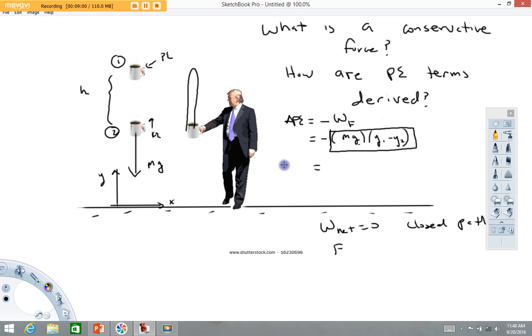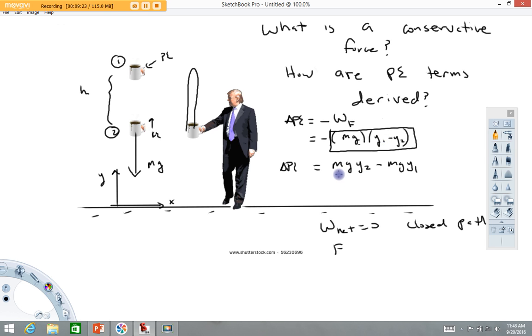Now you notice that by the time I distribute this minus sign, we end up with mgy2 minus mgy1. Because minus mg times y1 would be minus mgy1, and minus mg times a minus y2 gives us positive mgy2.